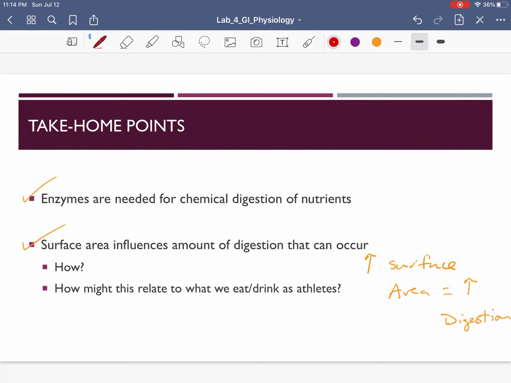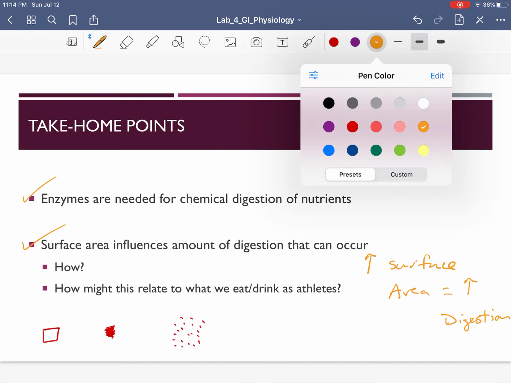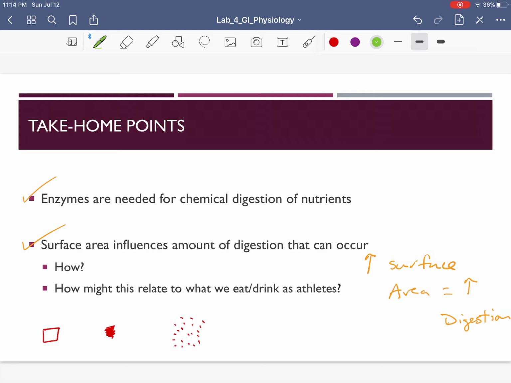If we think about our whole potato piece, our mashed potato piece, and our potato flakes, I'm going to use the color green for the enzyme. The enzyme has to attach to the starch. So I know I'm simplifying it, but we're going to be able to get the idea.